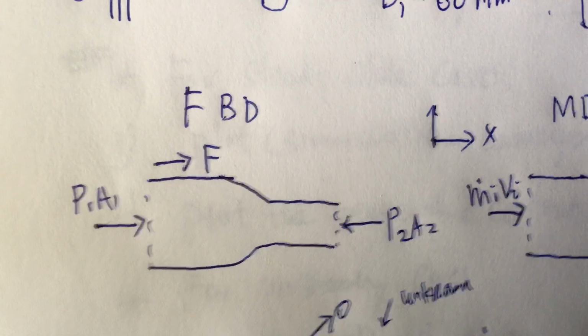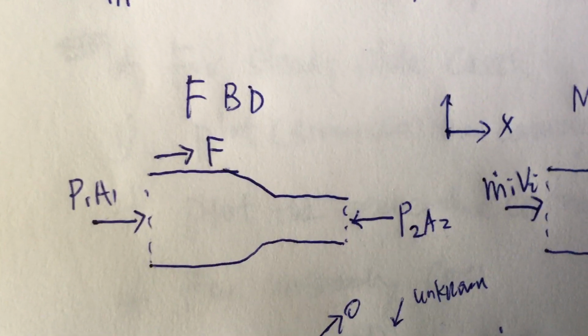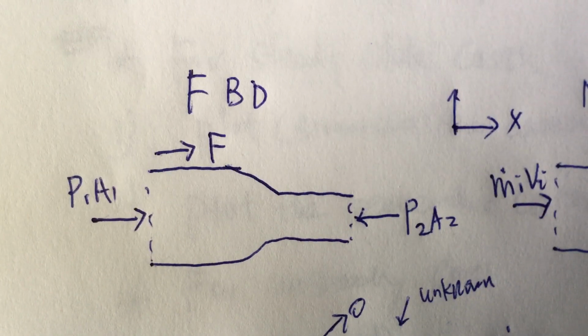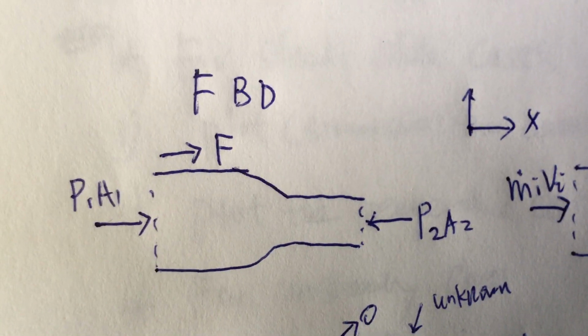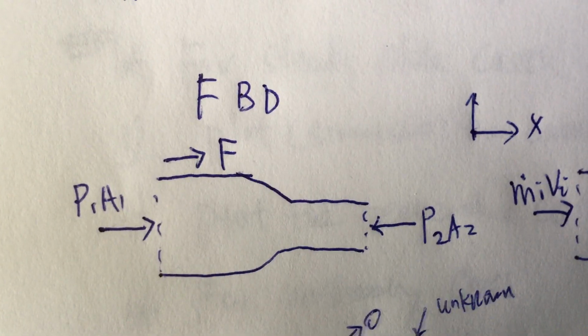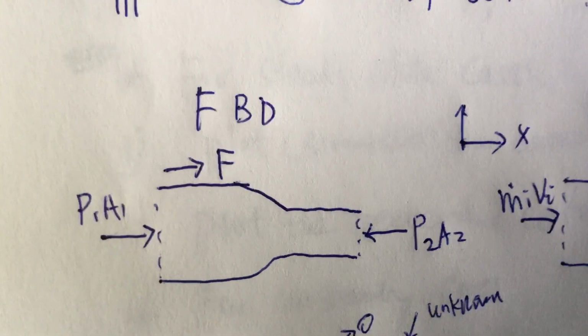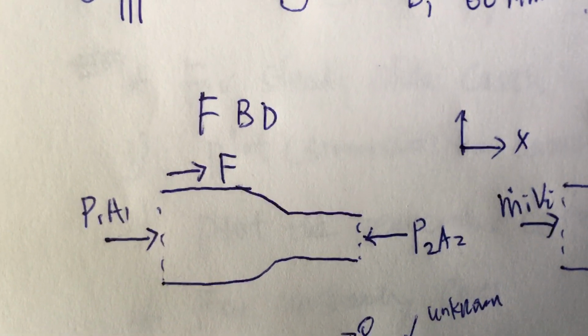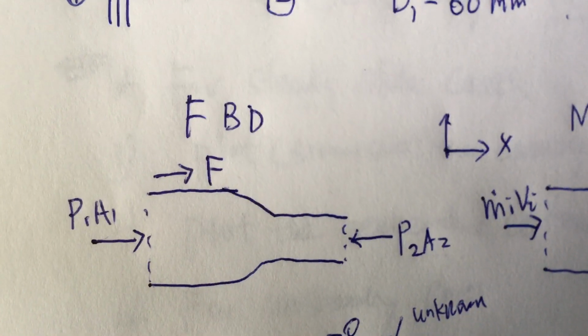So for the free body diagram, you identify the control volume and sketch it. On this control volume, which is this portion of the nozzle, first of all you have a force, F, the force required to hold it. Remember, I talked about it in chapter 3 when you draw a free body diagram.